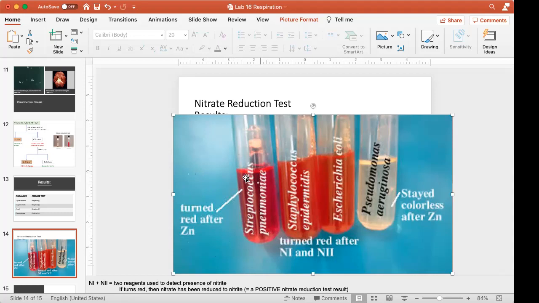Strep pneumoniae stayed colorless after we added reagents 1 and 2, or A and B. So we added some zinc dust in there, and we got that cherry red color. Is that a positive or a negative test? And how would you interpret it?